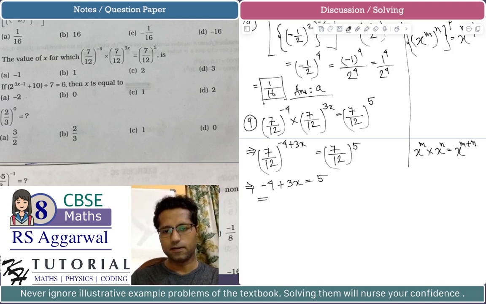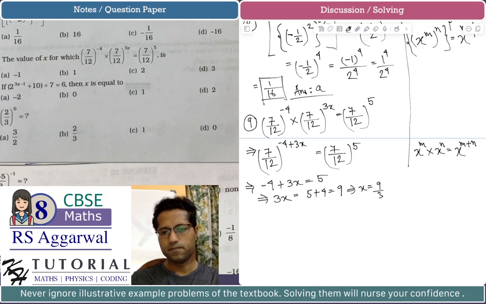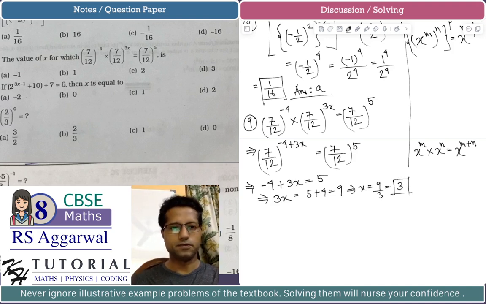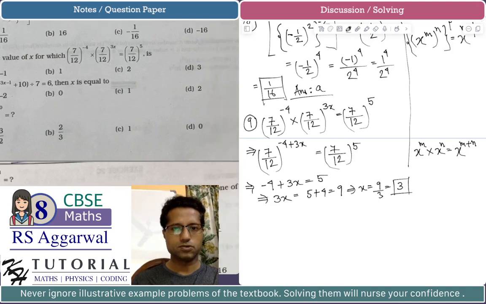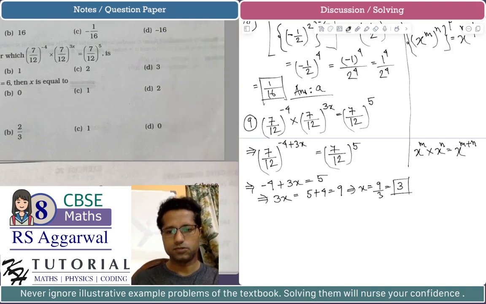Solving this, this is a linear equation in one variable, 3x equals 5 plus 4 equals 9. This implies x is equal to 9 by 3 equals 3. So x is 3. So the choice is D. The correct choice is D.